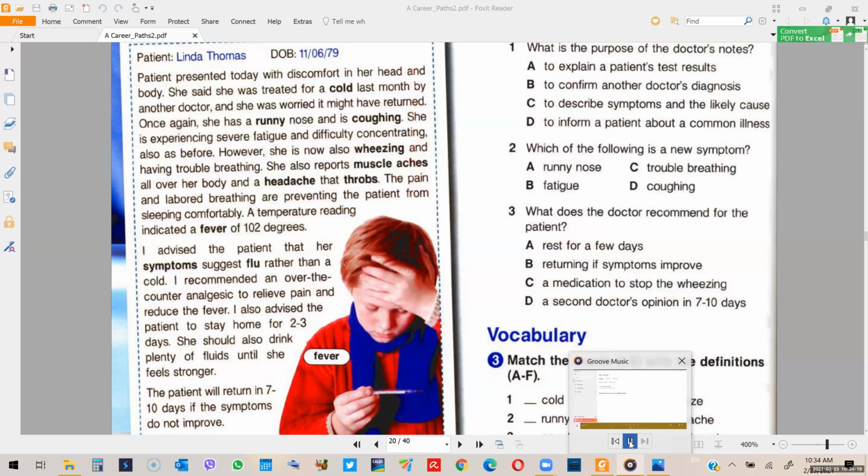She also reports muscle aches all over her body and a headache that throbs. The pain and laboured breathing are preventing the patient from sleeping comfortably. A temperature reading indicated a fever of 102 degrees. I advised the patient that her symptoms suggest flu rather than a cold. I recommended an over-the-counter analgesic to relieve pain and reduce the fever. I also advised the patient to stay home for 2 to 3 days. She should also drink plenty of fluids until she feels stronger. The patient will return in 7 to 10 days if the symptoms do not improve.